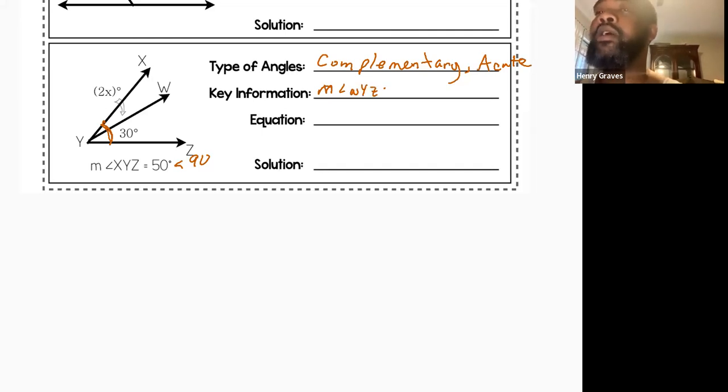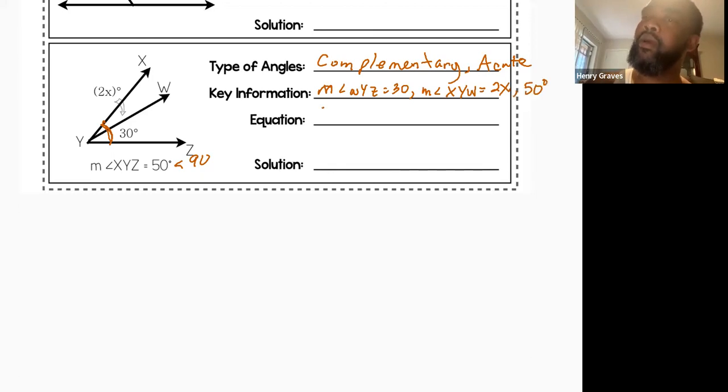The measurement of angle XYW is equal to 2x, right? So my equation is I'm going to take both of those and make them equal to 50 degrees. So 50 is going to equal 30 plus 2x. So I go ahead and subtract 30 on both sides.